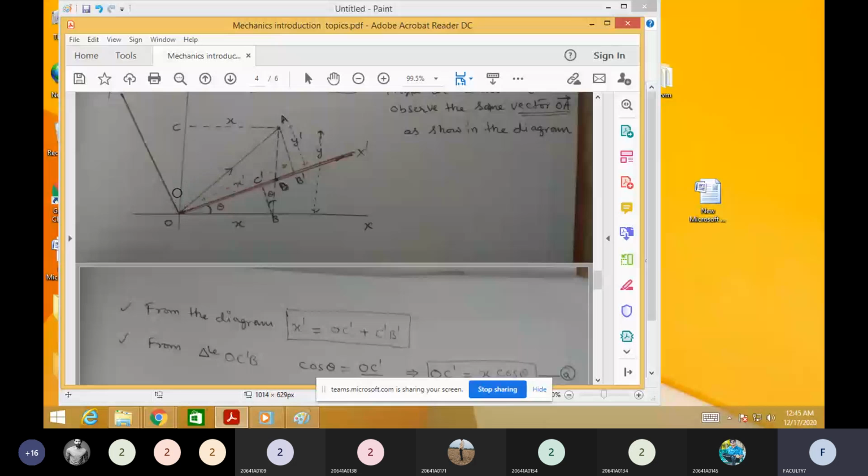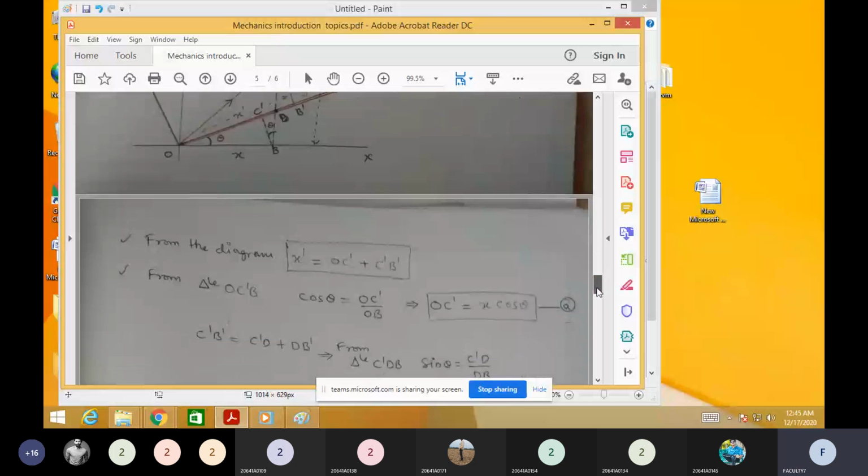The end point of this vector is projected onto the x dash axis of the second frame. So this particular length is nothing but x dash. We obtained that using simple geometry or trigonometry.